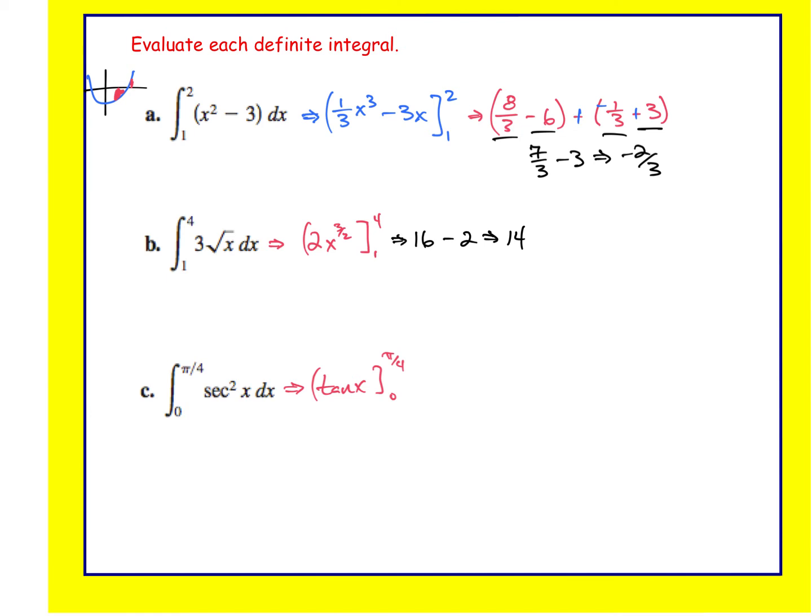Man, that unit circle is going to come back. So what is the tangent of pi over 4? 1. And then minus, what is the tangent of 0? 0. So we end up with 1 unit. All right, so it's just a 1 unit answer.